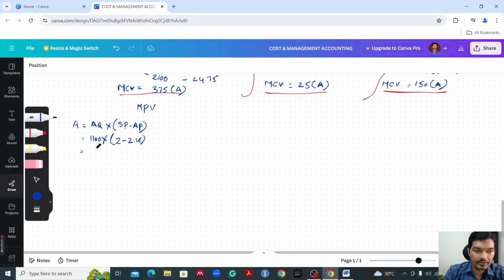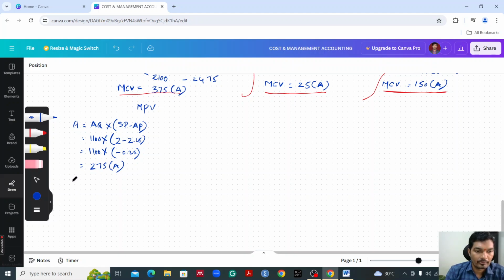So here 1100 into 2 minus 2.25. We got the negative value of 0.25, and 1100 multiplied with 0.25, we are getting 275, which is adverse.